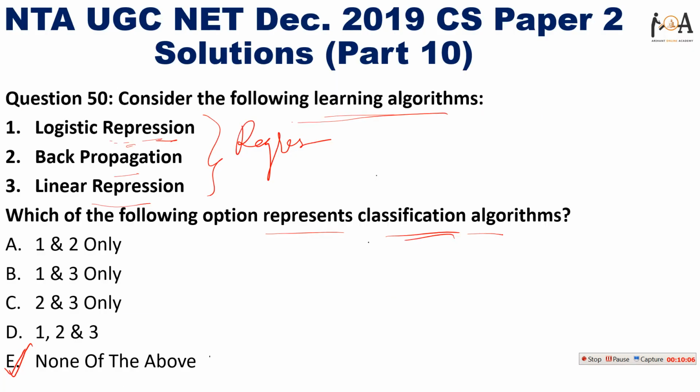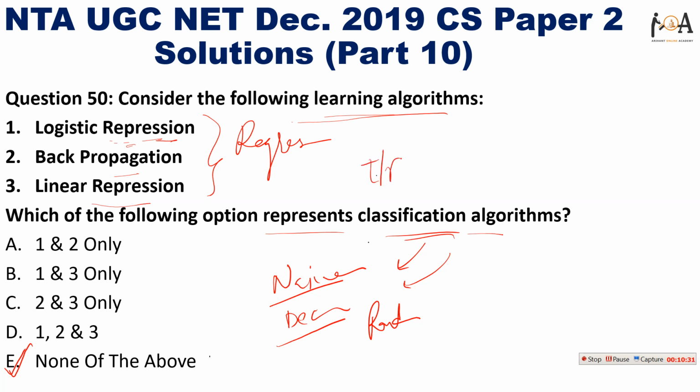Why? Because Naive Bayes classification is there, decision tree is there, which is a classification algorithm, and random forest algorithm is there. But logistic regression and linear regression are predictive models which are used to predict things like true or false, win or lose.